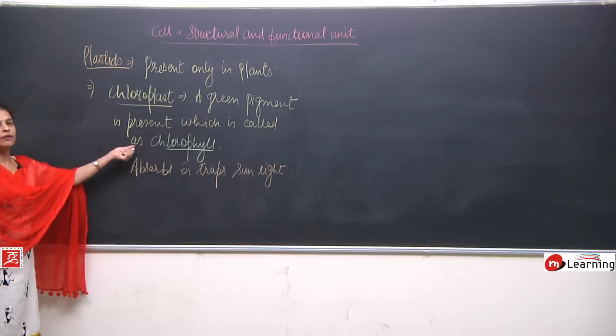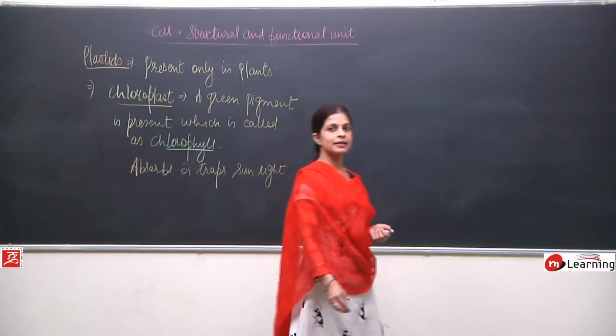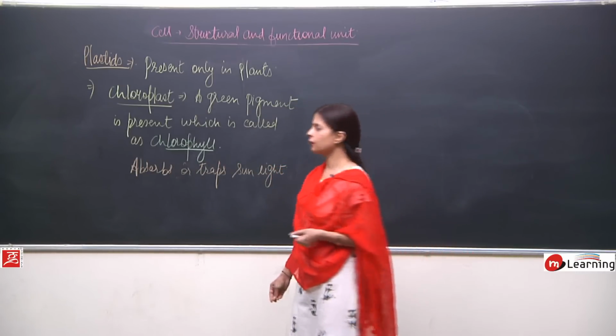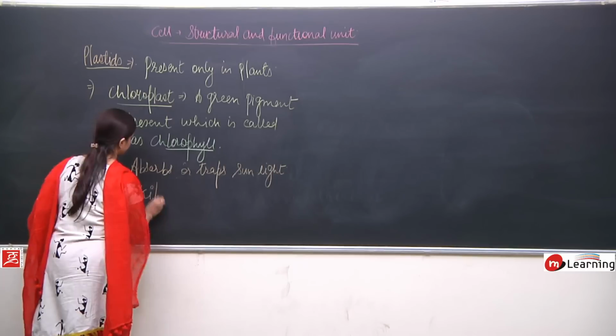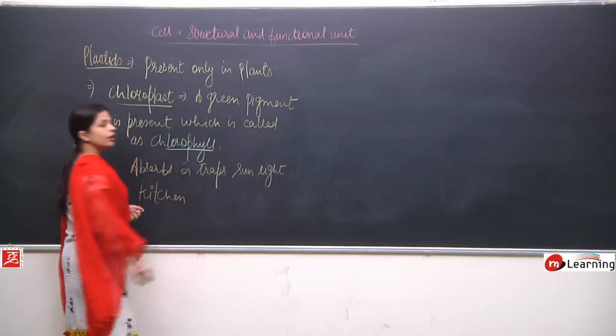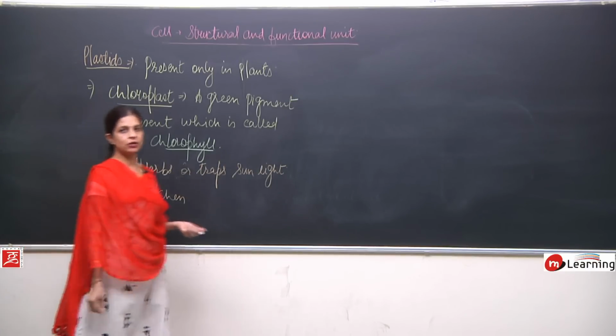This is the main function of chlorophyll, as it is concerned with the formation of food. It is also known as the kitchen. It is not at all required to explain what is done in a kitchen. The food is being cooked.